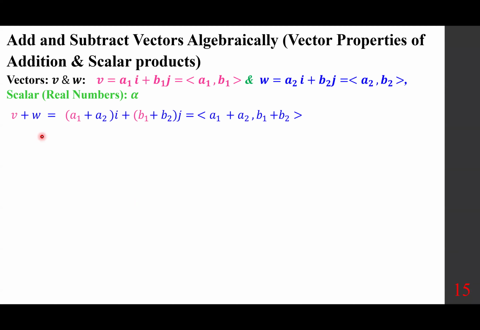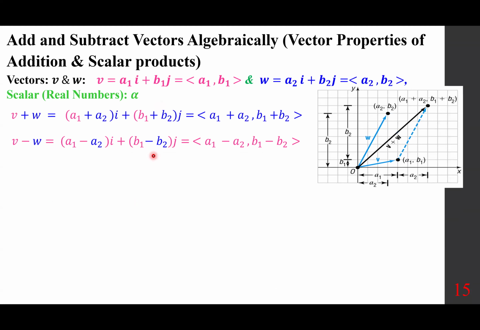V plus W, basically add up the components: A1 plus A2 times i plus B1 plus B2 times j. And if you subtract in the same manner, A1 minus A2 times i plus B1 minus B2 times j, so you work with the components.